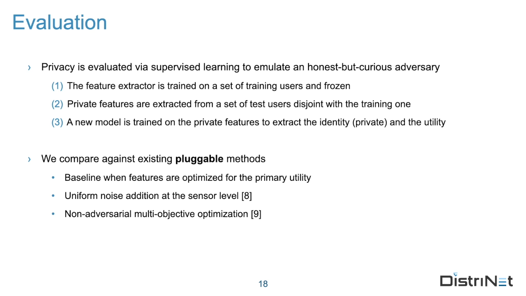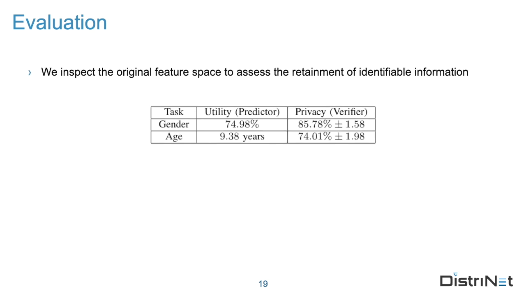Then we test two approaches proposed in the literature: noise addition at the sensor level and the training of our model in a non-adversarial environment, meaning that no competition between the different components and the joint optimization strategy for all of them is devised. By training the original selected model, we inspect the retainment of identifiable information in the feature space.